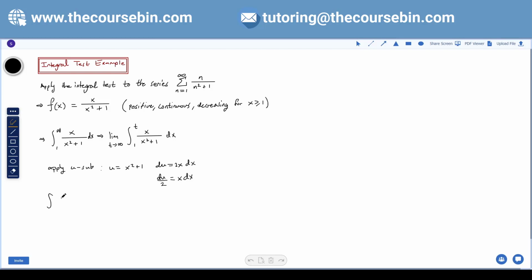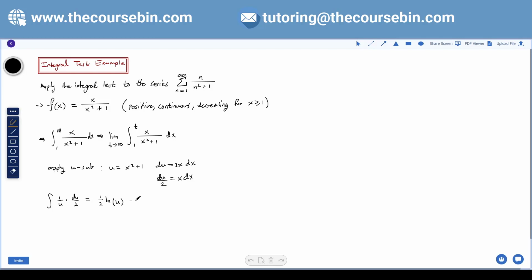Right, so we can do, let's see, 1 over u times du over 2. We're just going to integrate this and then replace the x back in and then take the limit. Okay. Right, so this would become 1/2 natural log of u.